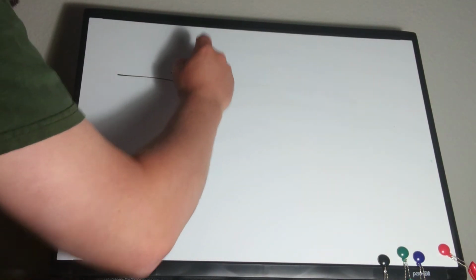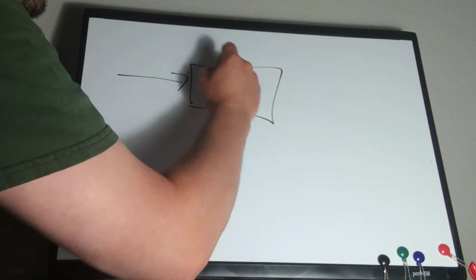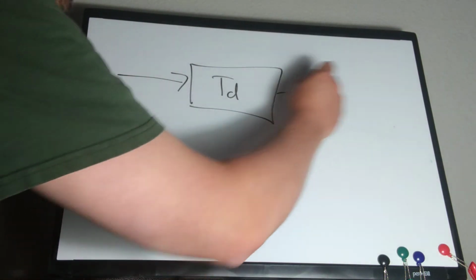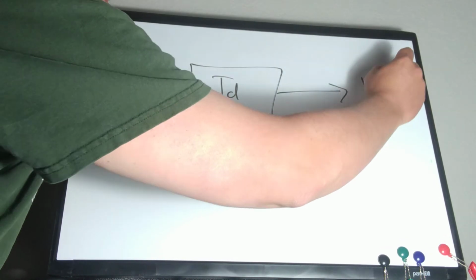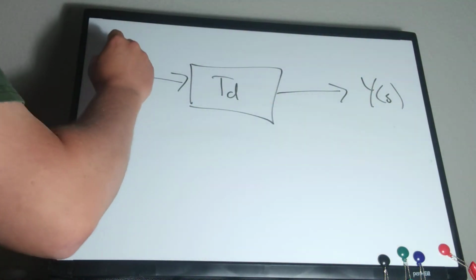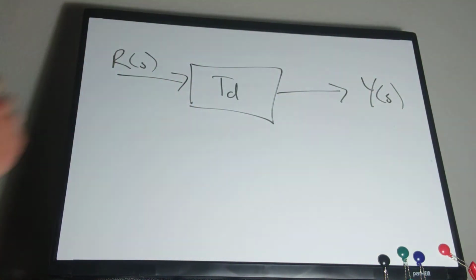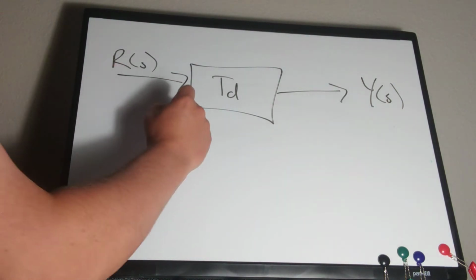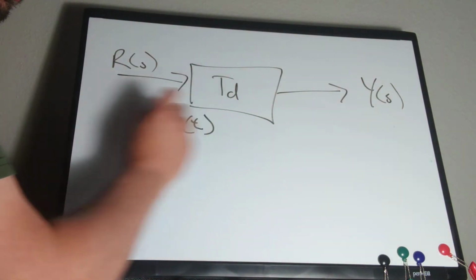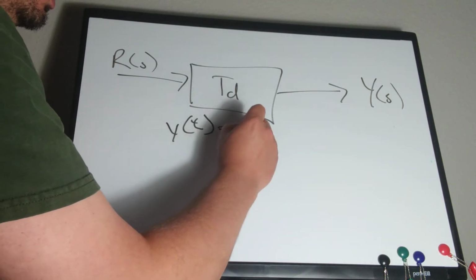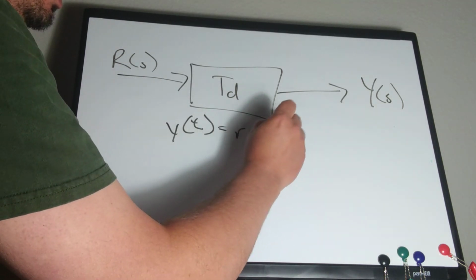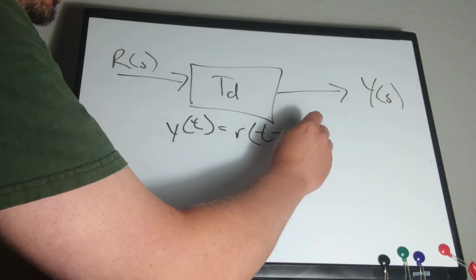If we think of time delay in our block diagrams, our output being y of s and input being r of s, we can model this as y of t equals r of t minus the delay.